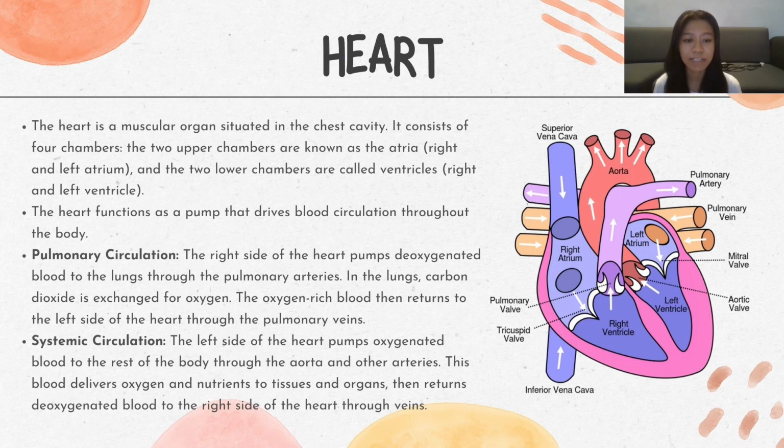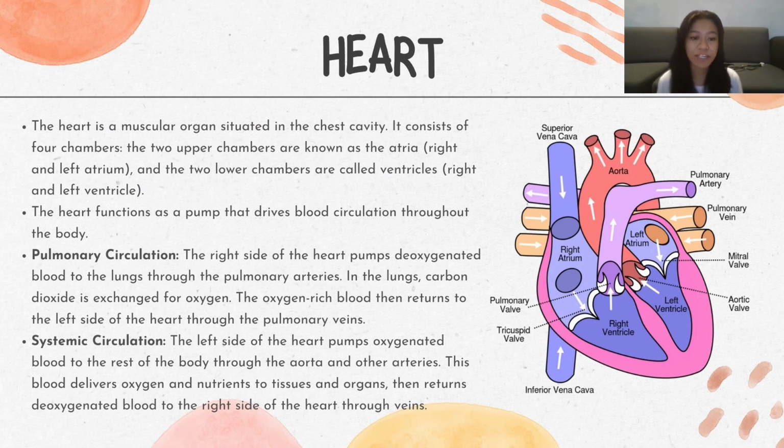So kaning pulmonary circulation, mao ni siya ang katong ang right side sa heart mag-pump of the oxygenated blood padulong sa lungs through the pulmonary arteries. And then pag-abot sa lungs, ang carbon dioxide exchange siya for oxygen. So ang katong oxygen-rich blood mubalik din siya sa left side sa atong heart through the pulmonary veins.